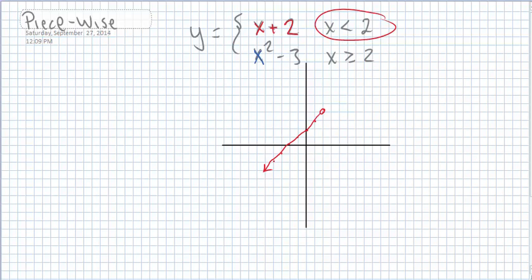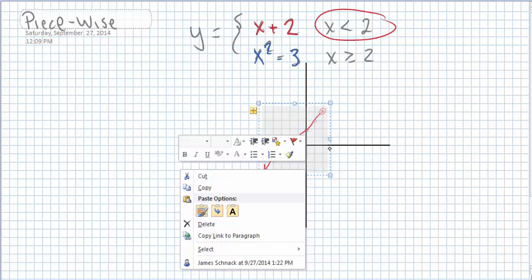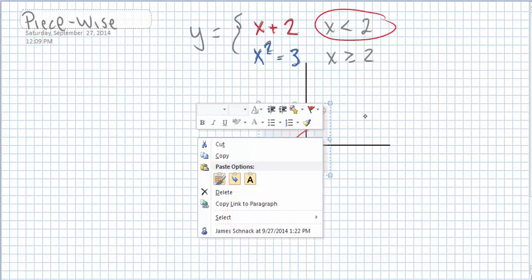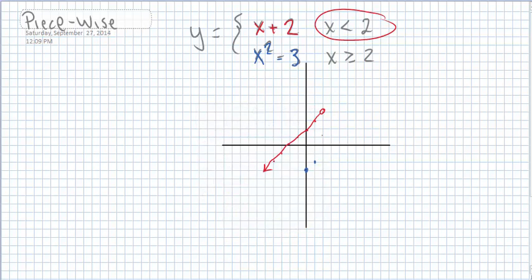Now let's look at x squared minus 3. Well, this is a quadratic that shifted down 3 units. It has a vertex right there, and we could plug in x values and get a graph that looks like this. It has a line of symmetry through the origin.